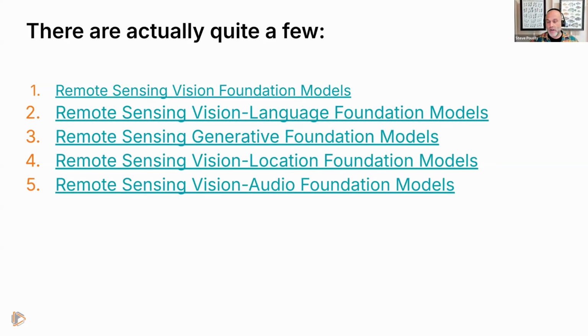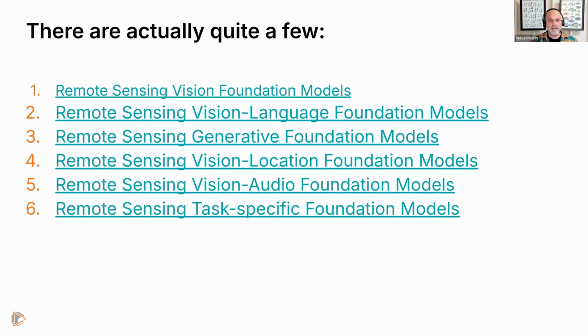We have vision audio foundation models. There are remote sensing task specific foundation models, and I'll let you look at the link to see those. There's even a section on remote sensing agents, which is the hot new buzzword. The way I think about these is pieces of software that coordinate and call different models depending on the task at hand.